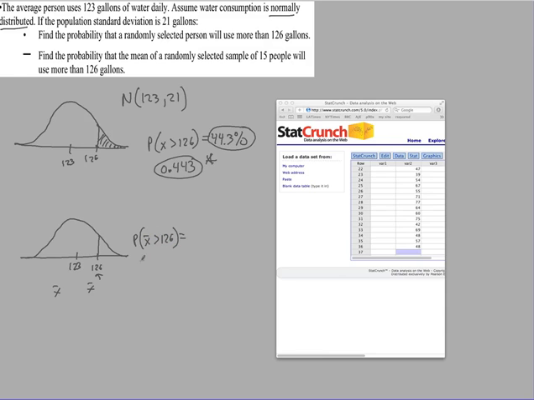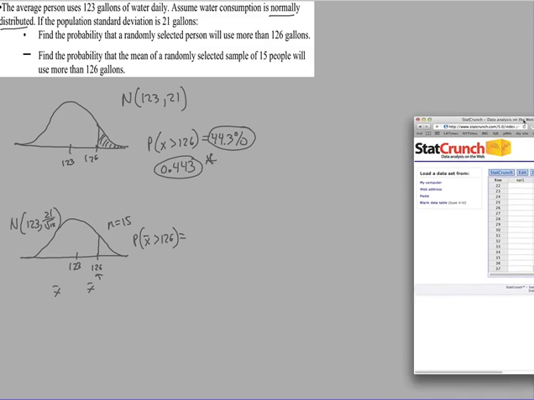Well, once I take a sample of 15 people, my variability is going to go down. The variability will go down because I expect most of my x bars to be closer to the mean. So, but the concept's the same.